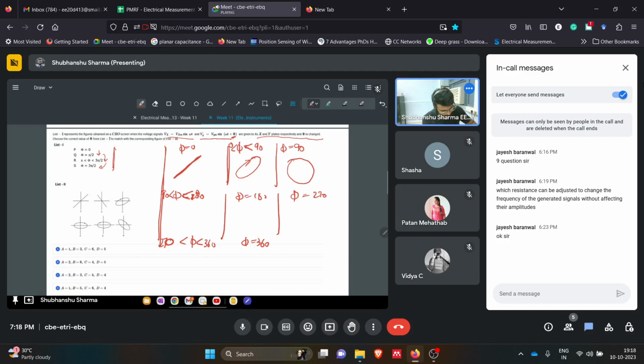Then from 90 to 180, it will tilt like this.